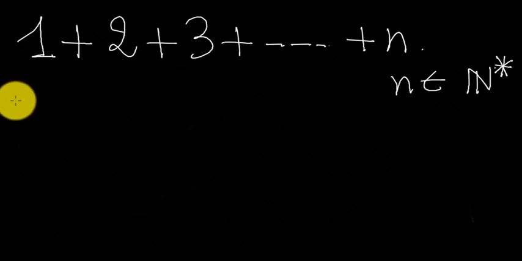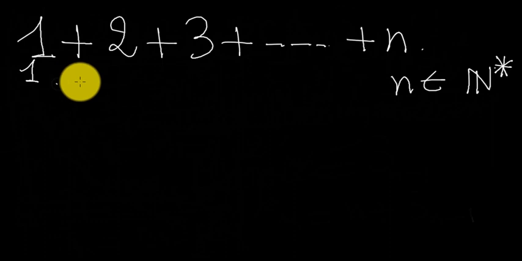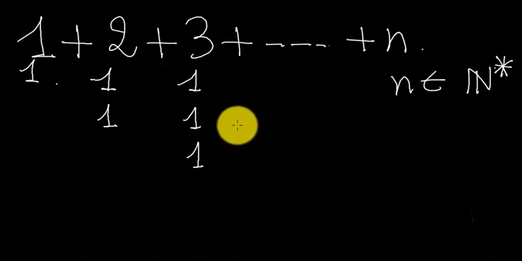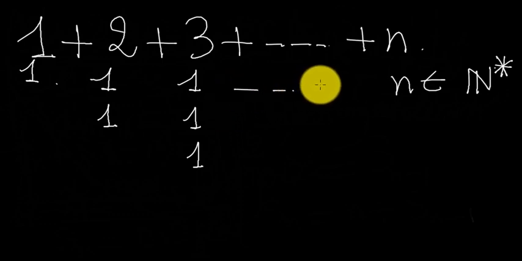We're gonna write 1 one time, 2 we're gonna divide into two ones, so 1 twice, and 3 we're gonna divide into 3 times 1, so 1 three times, and so on until we reach n.